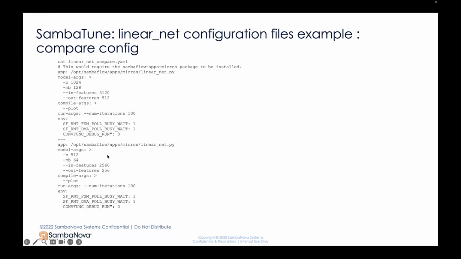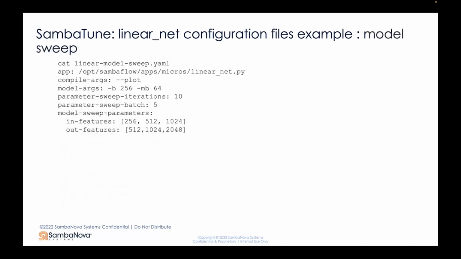Now we have an example of a model sweep. This is a newer feature in the SambaTune product. What you can do here is tell it, in this case a model sweep, that I want to sweep through the in features 256 through 1024 and 512 through 2048.